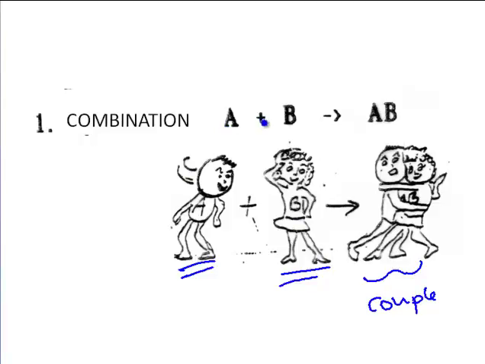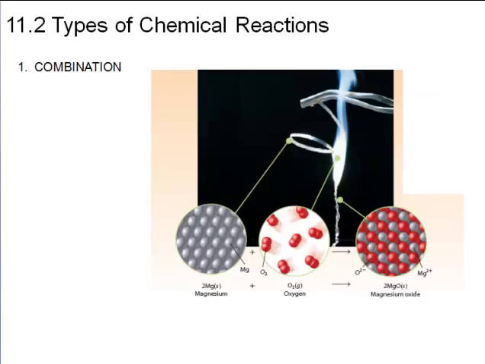So A plus B will give you AB. Okay? A plus B yields AB. That's a combination reaction. Very simple.